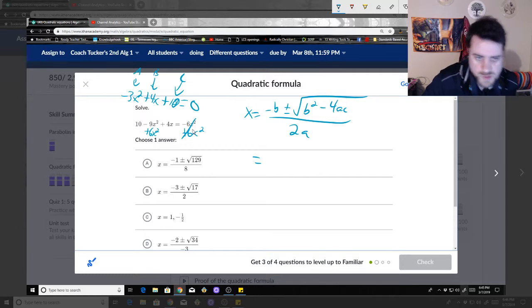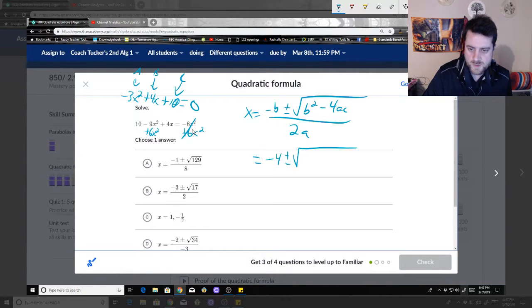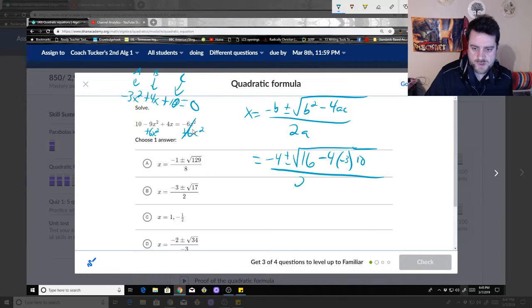So that is equal to, negative b is negative 4, so negative 4 plus or minus the square root of b squared is 16, minus 4 times a, which happens to be negative 3, times c, which is 10, all over 2 times negative 3. Okay, so again, this is just plugging in, plug and chug is all this is.